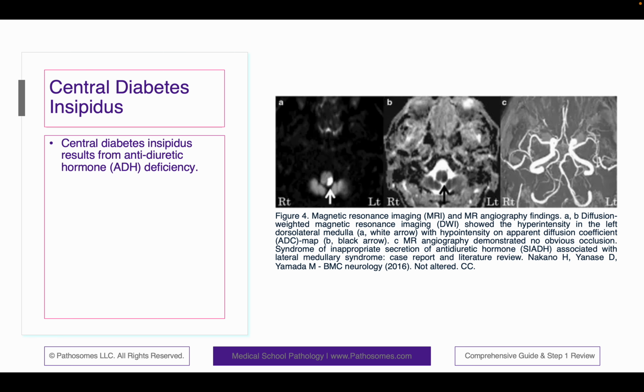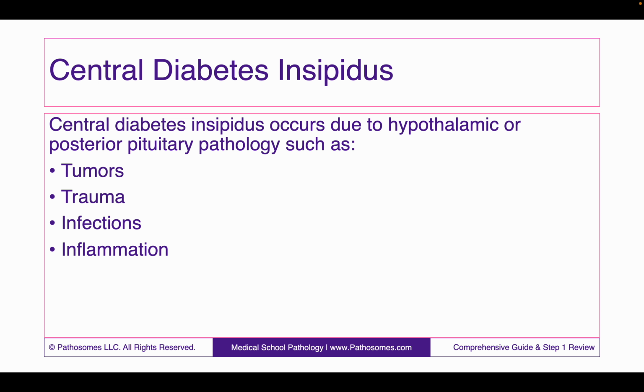So let's talk about central diabetes insipidus, right? Very important condition. Central diabetes insipidus results from antidiuretic hormone deficiency. Central diabetes insipidus occurs due to hypothalamic or posterior pituitary pathology, such as tumors, right?